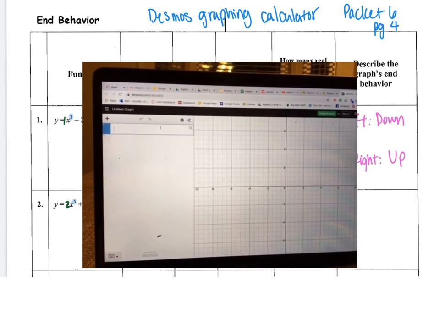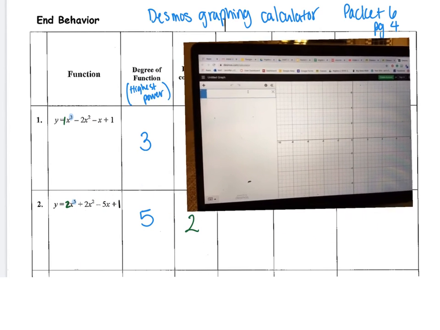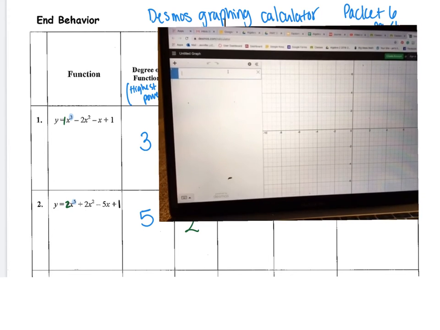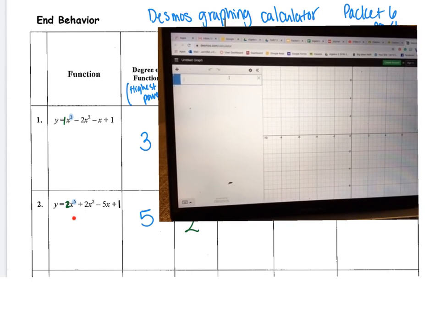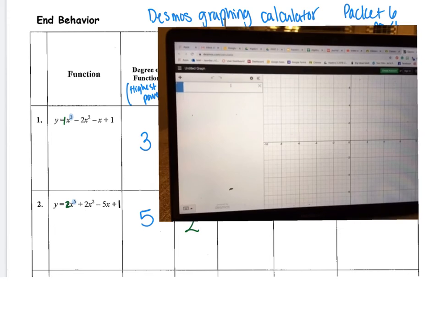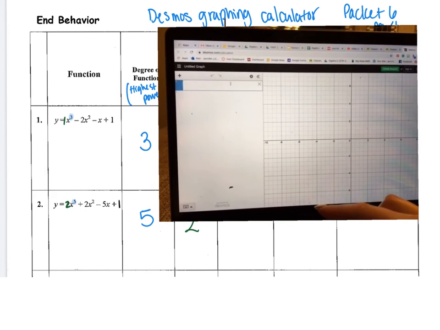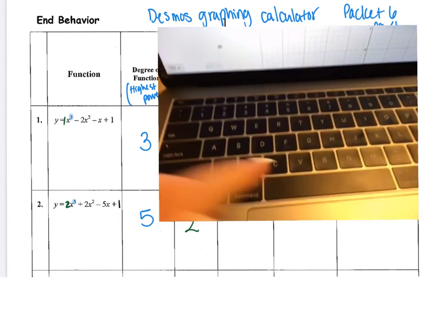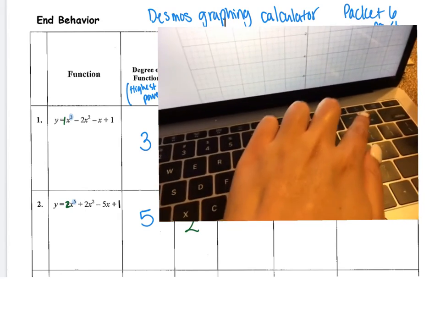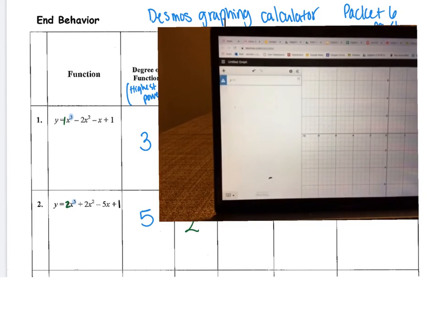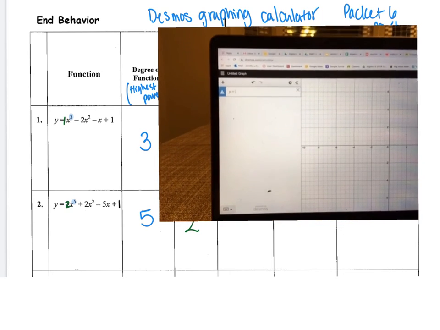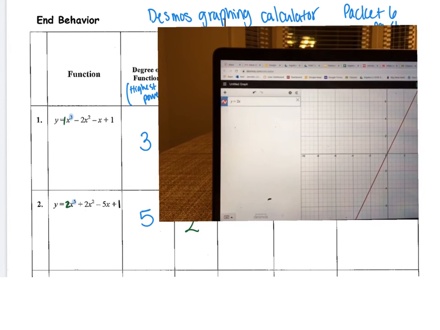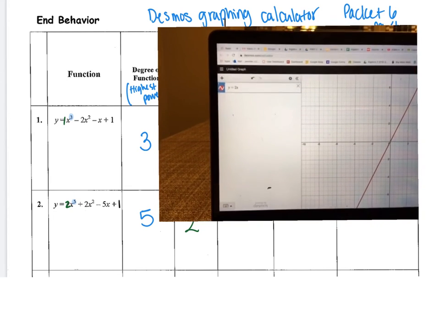And in here, you're just going to type in the equation that I have. So I need 2x to the 5th power, but I need the y. So I'm going to type in y equals, literally typing y and an equal sign on the keyboard. Then I need 2x, and now I need to the 5th power.